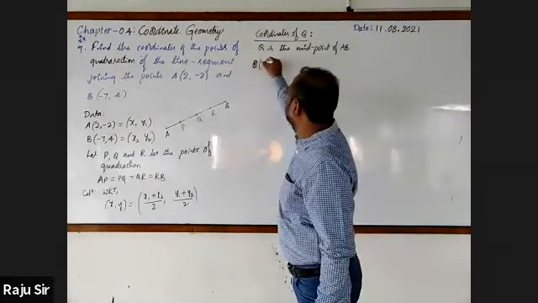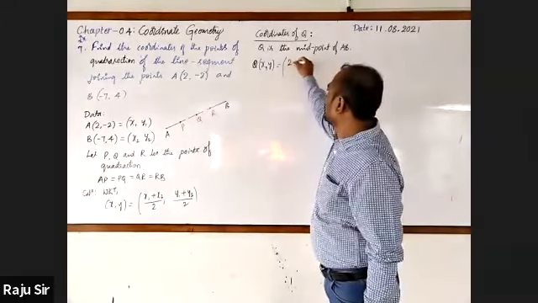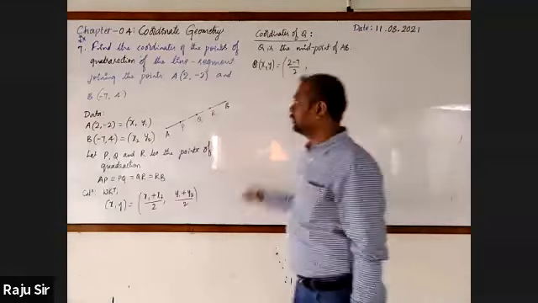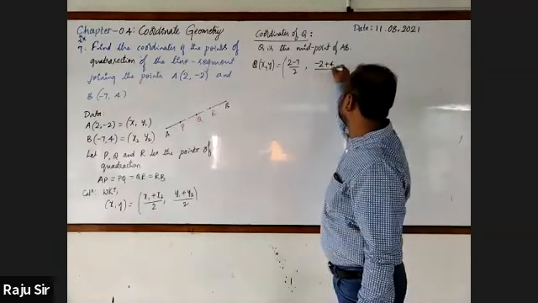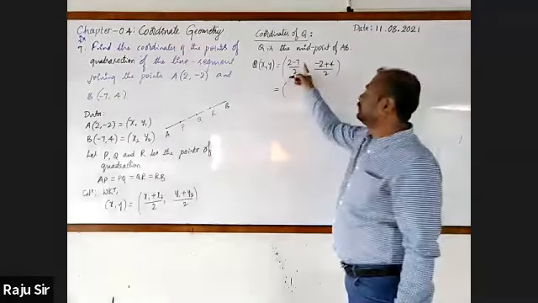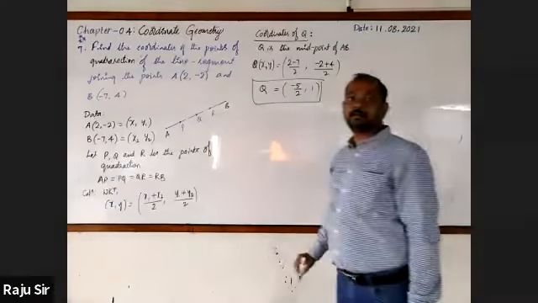Q of (x, y) is equal to x1 plus x2, that is 2 minus 7, and y1 plus y2, minus 2 plus 4, by 2. This is equal to 2 minus 7 is minus 5, minus 5 by 2, comma, minus 2 plus 4 is 2, 2 by 2 is 1. So Q is (-5/2, 1).